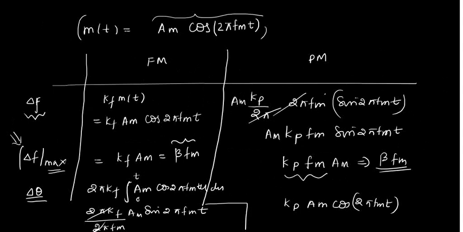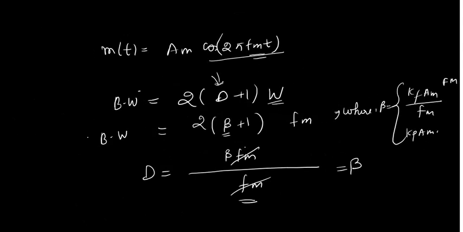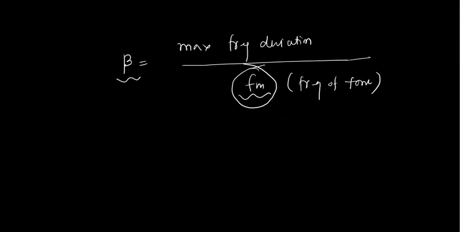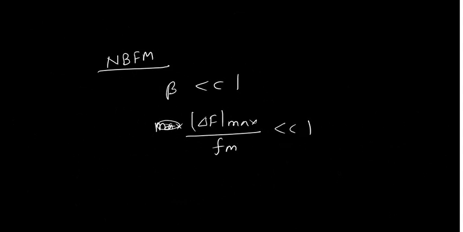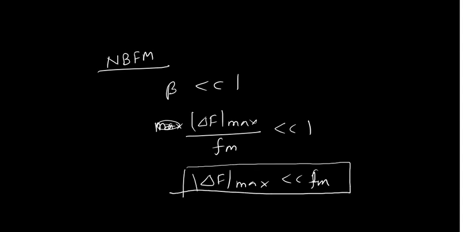If you can see from here, beta is delta f max divided by fm. So you can see that max frequency deviation is quite low for the case of a narrowband FM signal.